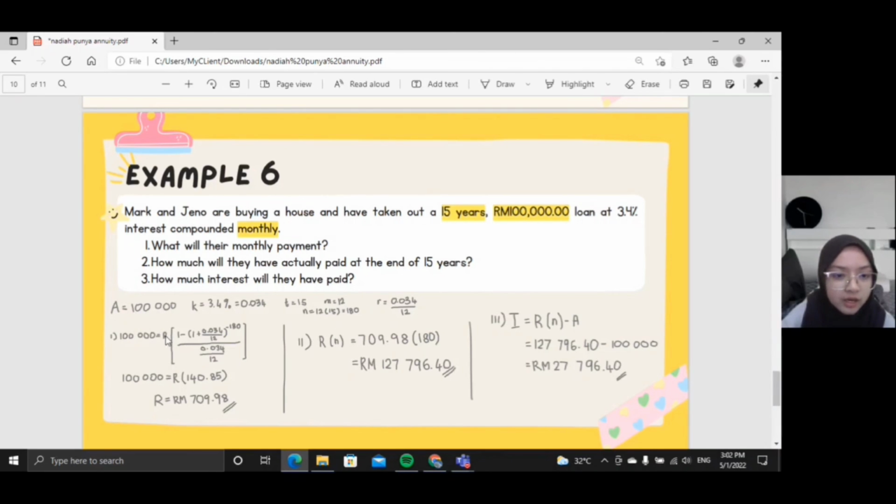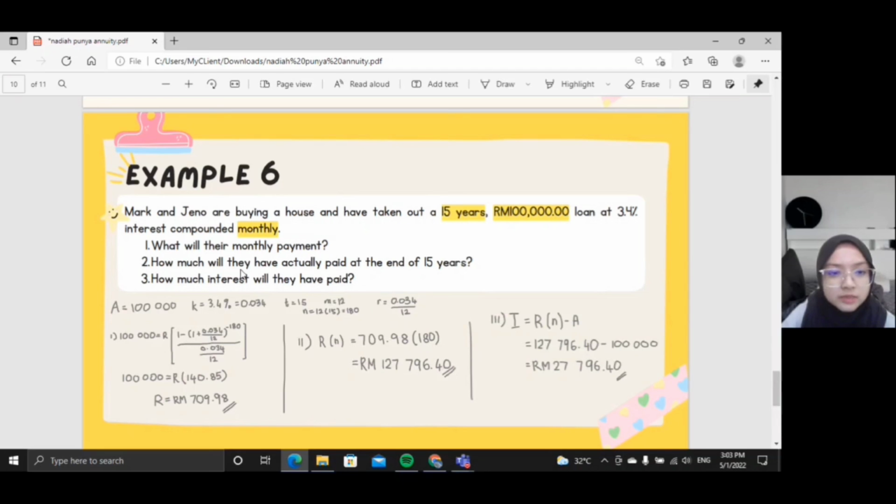So yeah, 100,000 equals R times 1 minus 1 plus 0.034 over 12, to the power of negative 180, over 0.034 over 12, and then we will get the answer here, R equals 709.98 ringgit. It is easy to do because the information is not that tricky.